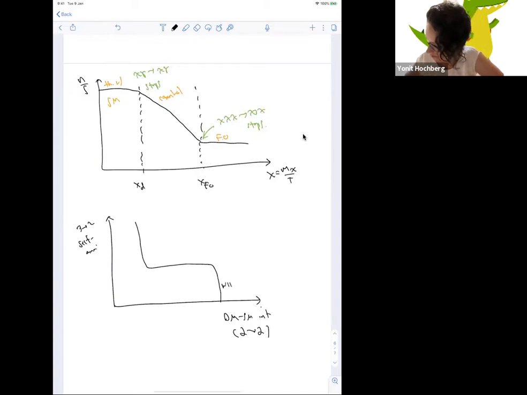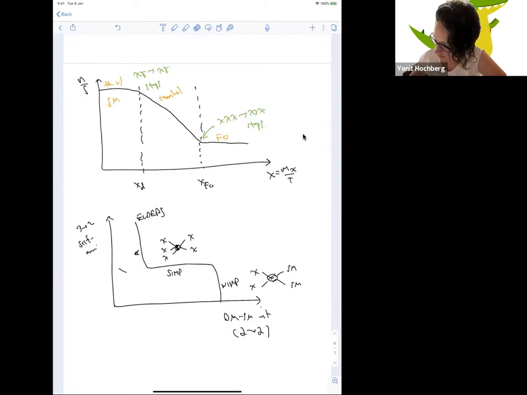Okay, so in this region over here, we have ordinary WIMPs, so the abundance is being controlled by chi annihilating to the standard model. In this regime in the middle, we have SIMP dark matter, and the abundance is being controlled by these 3 to 2 interactions. And in the regime over here, this is where we have elders, and the relic abundance over here is being controlled by a process that's not changing the number density, very interestingly.